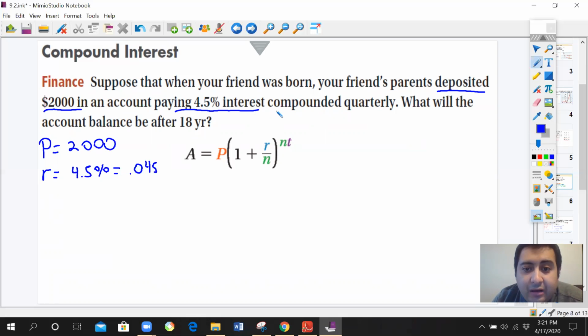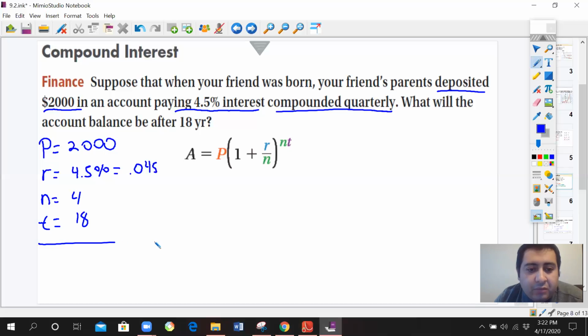Now here it says compounded quarterly. Now you are going to have an N, but it's going to be by quarters. Quarters means like quarters, 4, because that's what the meaning of quart is. So you're going to have 4 quarters. What will the account balance be after 18 years? So your time will be 18 years.